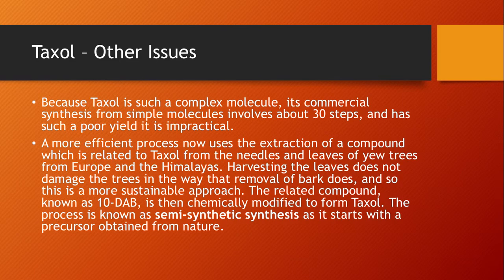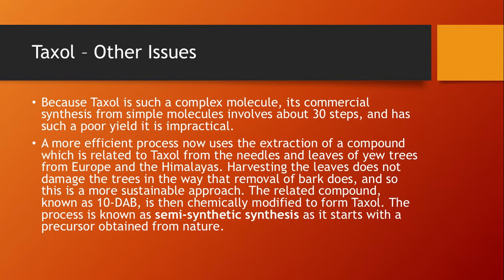So let's look at some of the issues with Taxol other than the fact that it is a very chiral molecule. Because it is so complex, its commercial synthesis from simple molecules involves about 30 steps and has such a poor yield it is impractical.